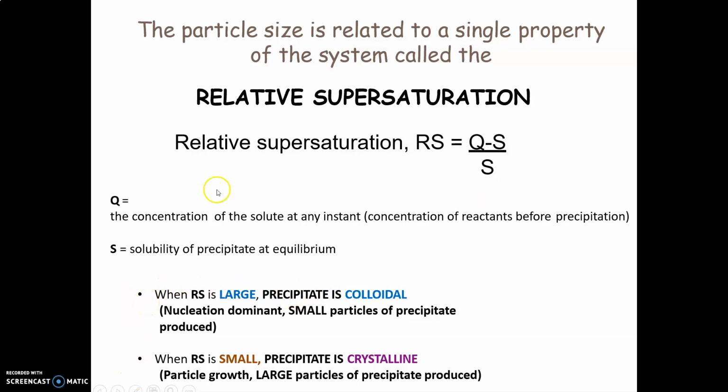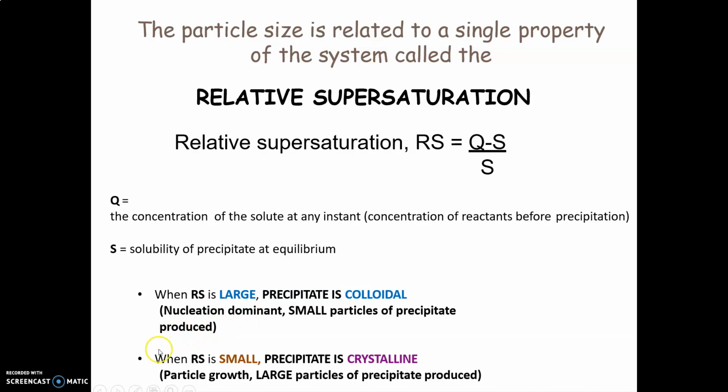Very important. So this is the relationship between RS, relative supersaturation, and your precipitate. Okay, when you have a large RS value, it means that the precipitate is colloid, which is not good, because when RS is large, the precipitate is colloid, meaning that nucleation is dominant and small particles of precipitate are produced.